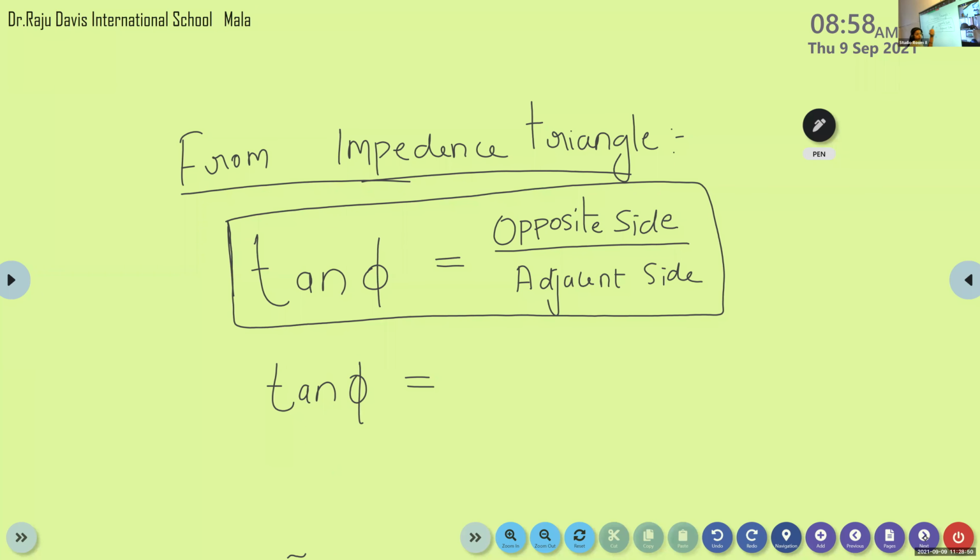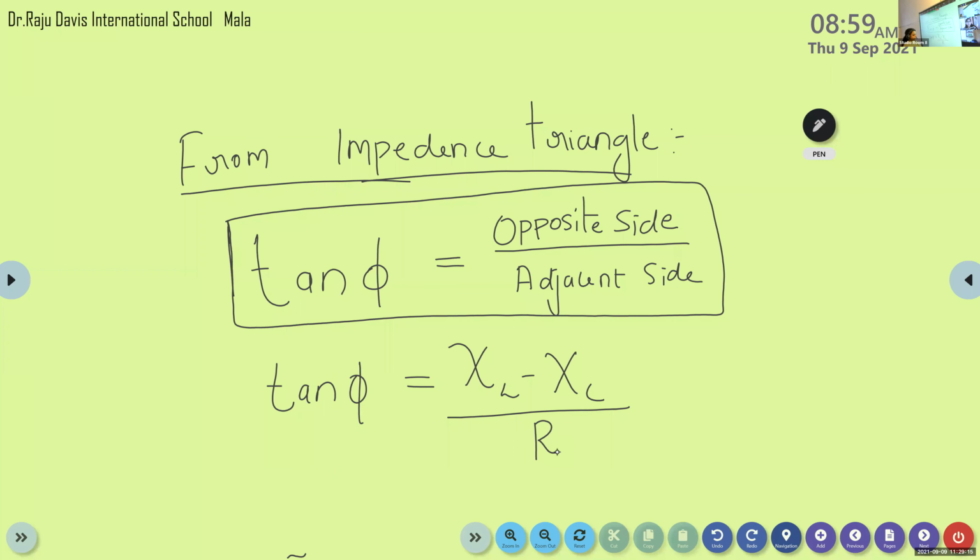From the figure it is clear that the opposite side is X_L minus X_C, and the adjacent side is the resistance R. So we get tan phi equal to (X_L minus X_C) divided by R.